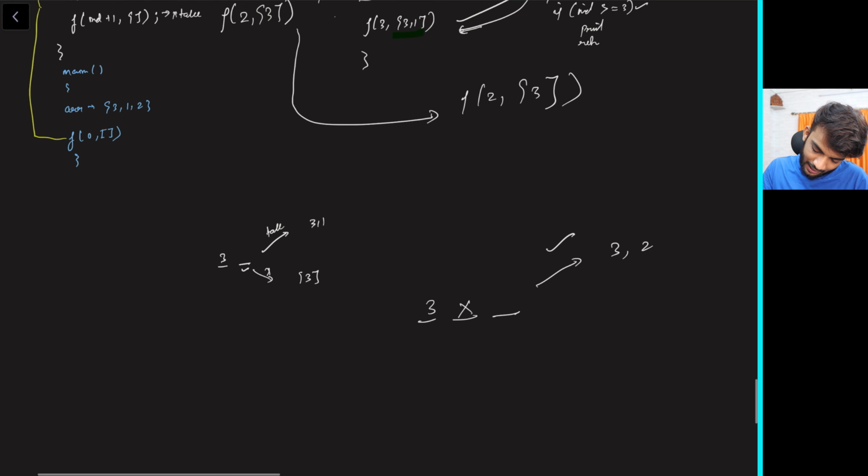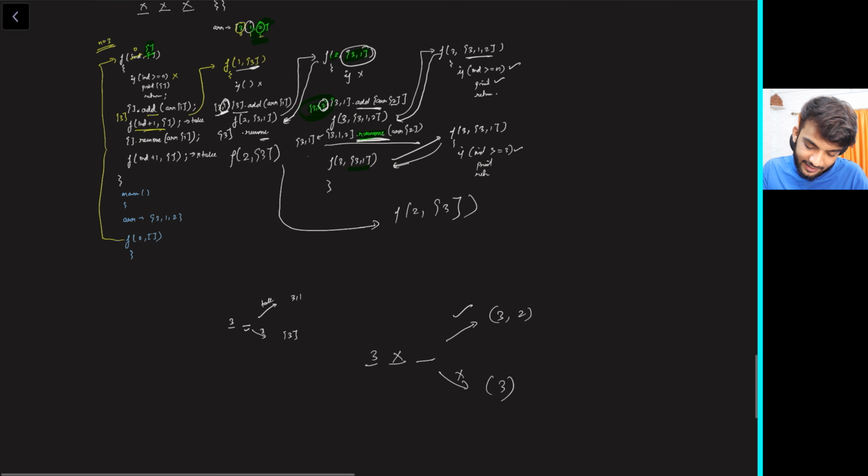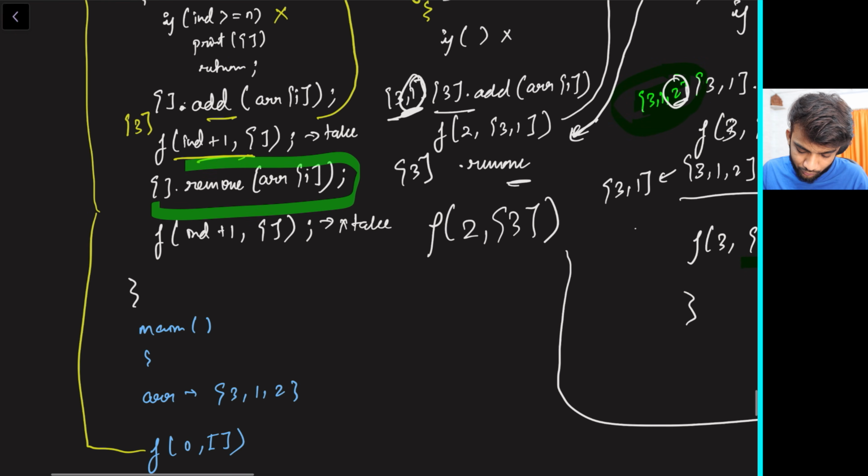So 3 comma 2 will happen, and you'll say not take, so only 3 will happen. So in this way, every other subsequence can be easily formed. So I hope you have understood the entire concept, how the first call goes, then comes, how this call goes and comes. But the critical portion over here was to understand the remove.